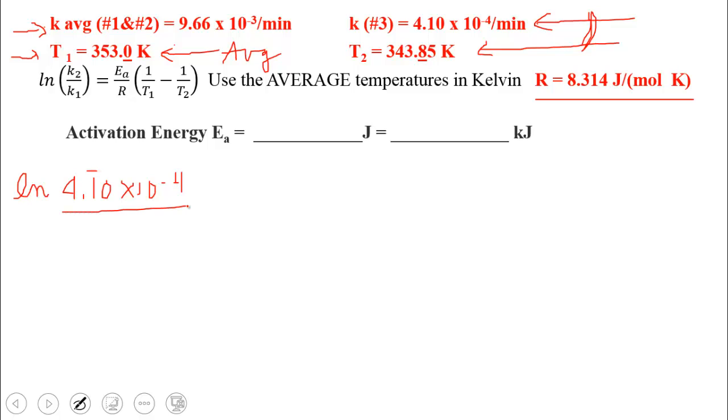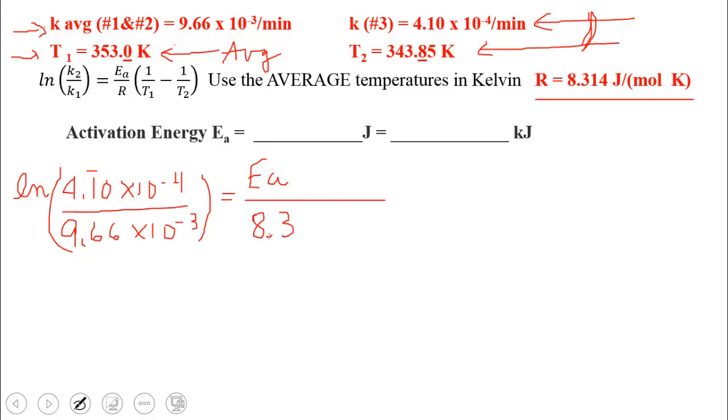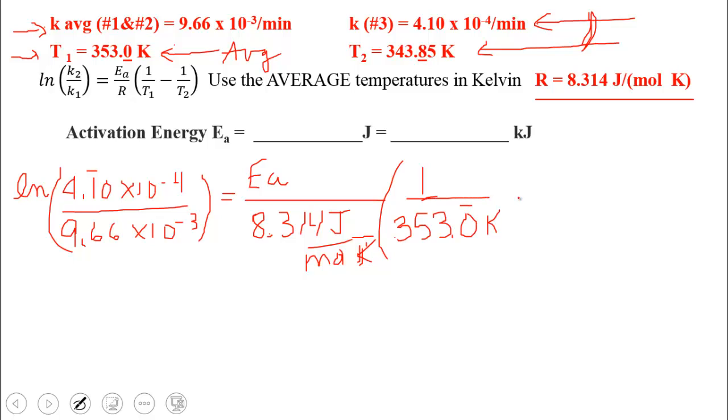The rate constant for test tube number 1 and 2 will be my K1, 9.66, my original temperature, is equal to the activation energy over R, which is 8.314 joules per mole Kelvin, times 1 over the first temperature in degrees Kelvin, 353.0, that's significant digits, Kelvin, minus 1 over the new temperature, 343.85 Kelvin.